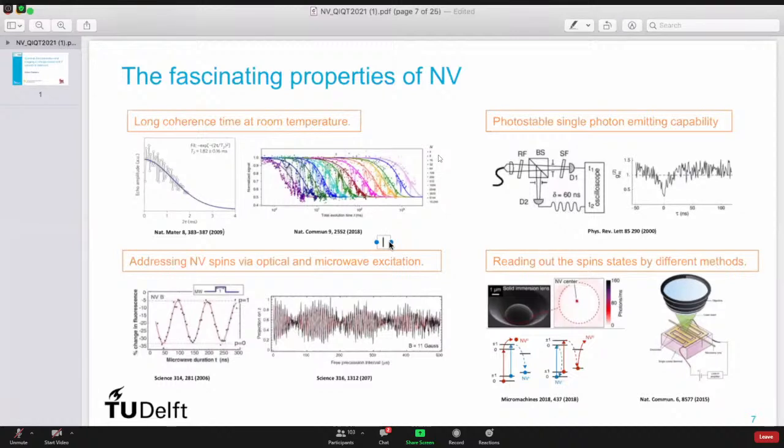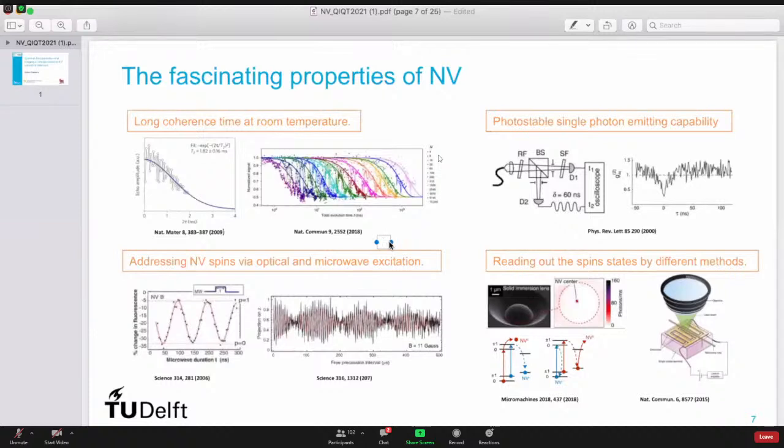Now another advantage is that there is constant improvement in the readout efficiency of the spin states from the NV center, and there are already some nice techniques to do it very efficiently. So while optically reading out, what people have done is create solid immersion lenses on the diamond. So first, an NV center is located in the diamond substrate.